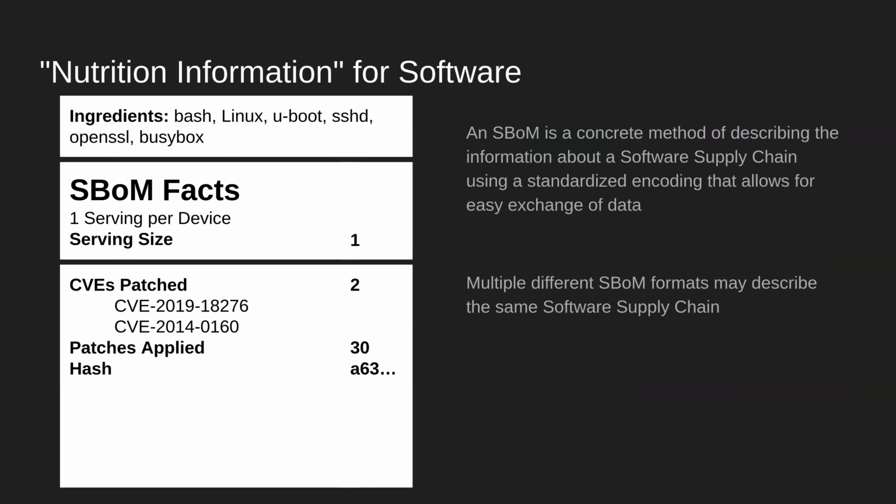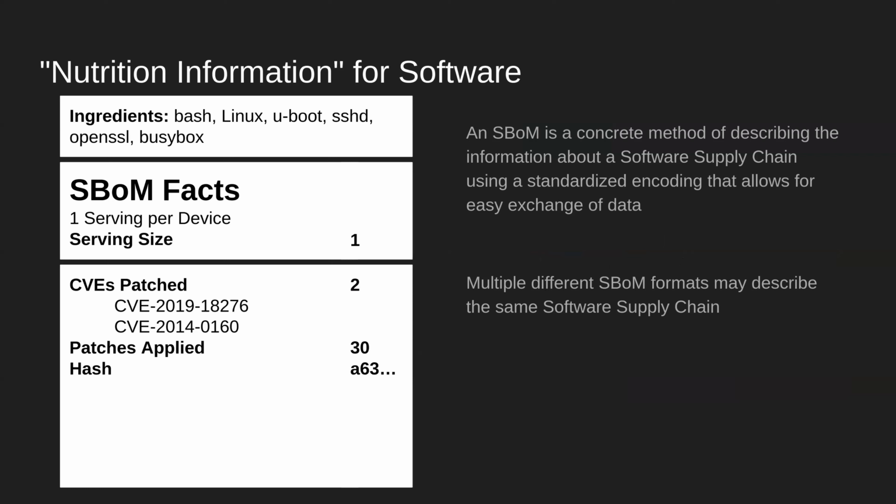All right, so what is a software bill of materials? I really like this illustration where it's the nutrition information for your software. Just like on the food that you eat, there's a little label on it that says what's in it, what are you putting into your body when you consume this thing.